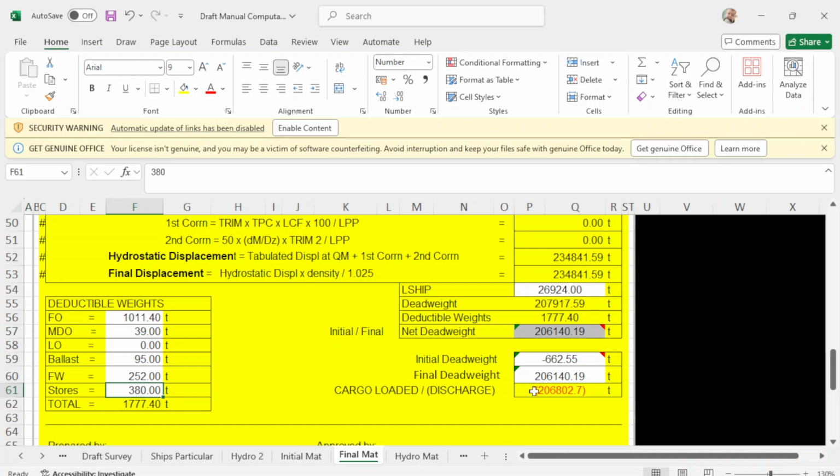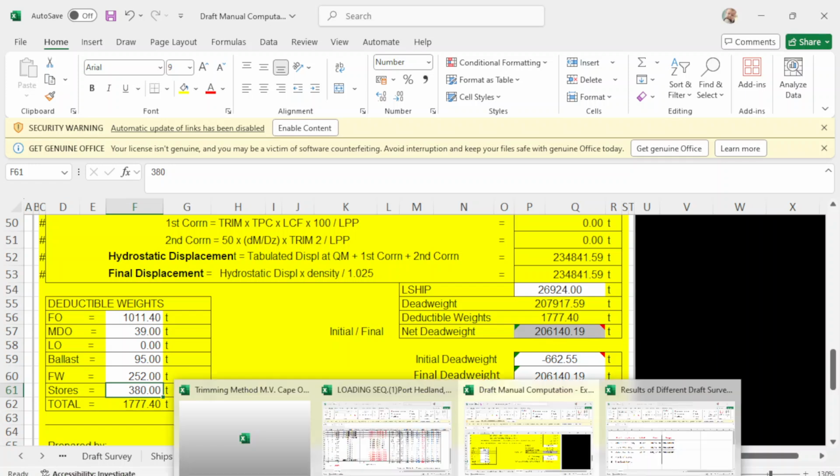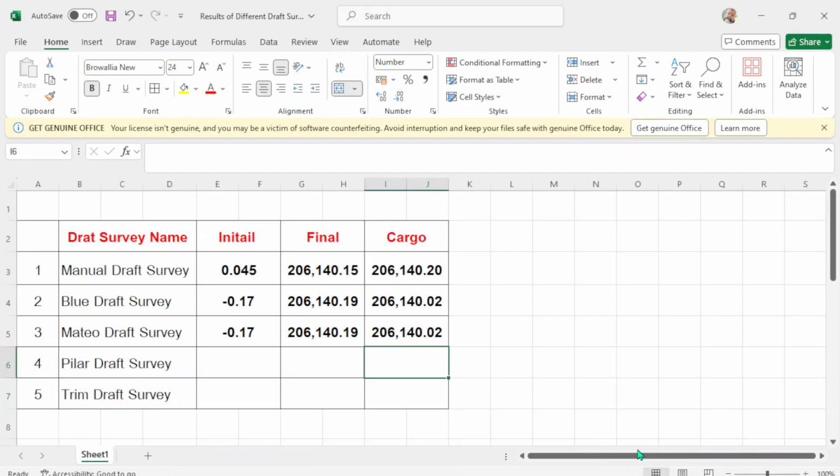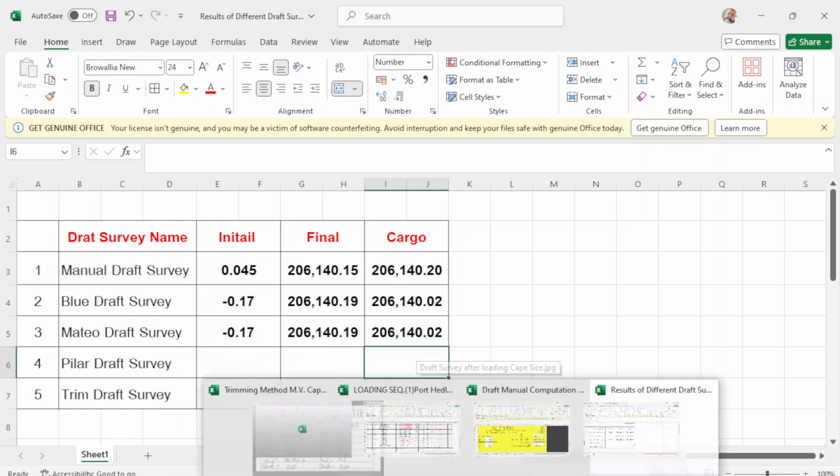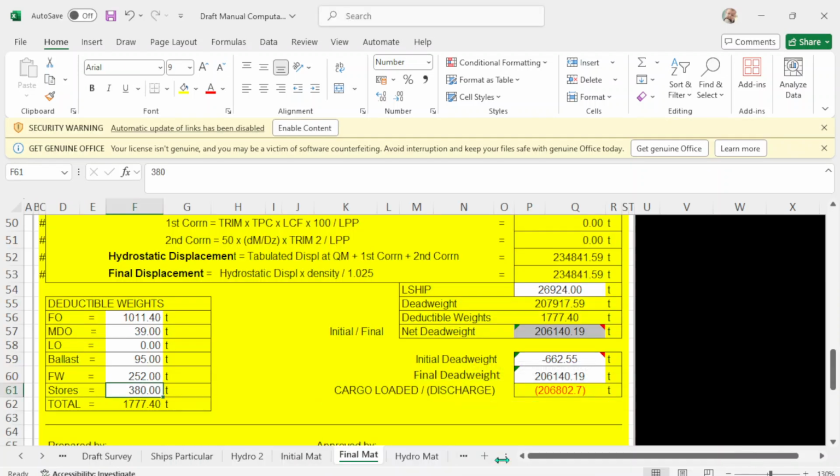But anyway, the cargo is 2061419. Okay? This one, okay? 2061402. Then we go next.